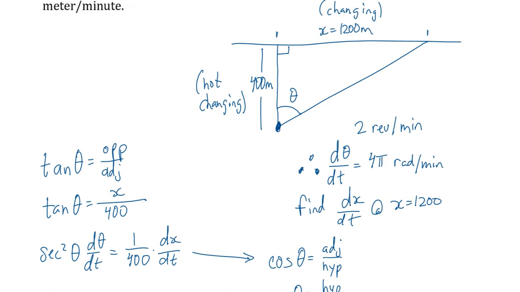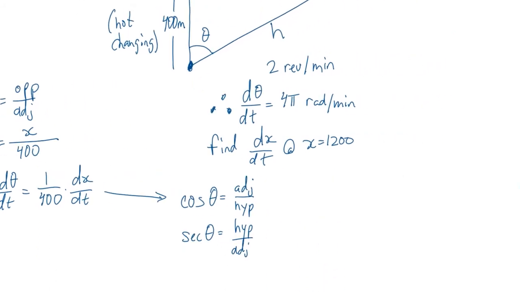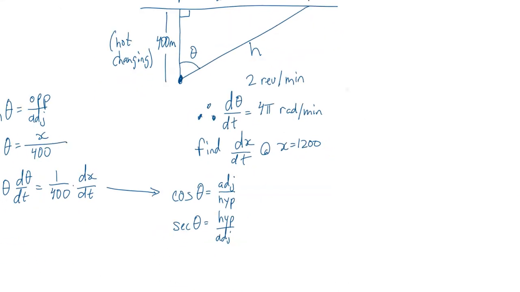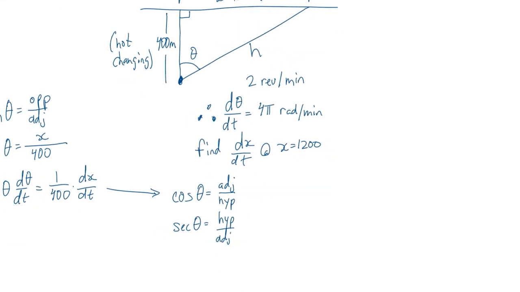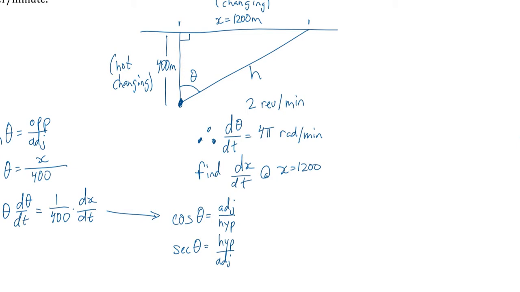We don't. So now we have to find the hypotenuse. How are we going to do that? With the Pythagorean theorem. The hypotenuse at this time, when x is 1200, h will equal the square root of 400 squared plus 1200 squared. And that works out to 1.6 million.